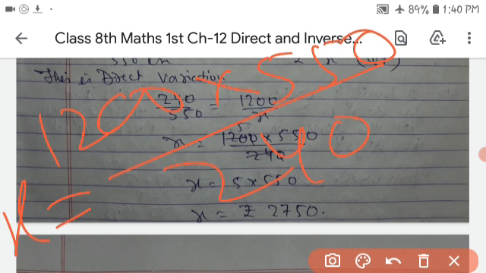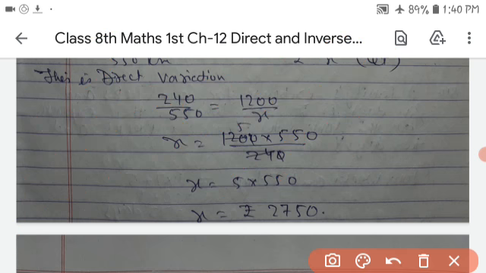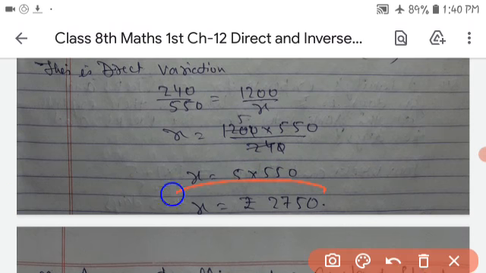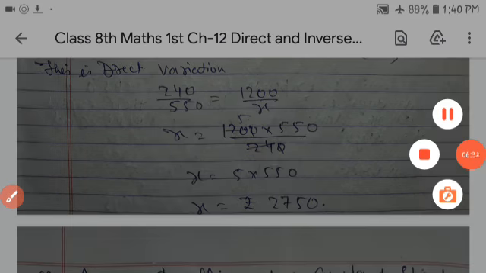First of all, cancel out the zeros. 0 0 cancel. 24 fives are 120. Now 5 multiplied by 550 equals 2750. Answer: 2750 rupees.